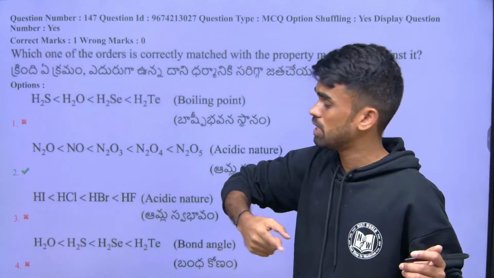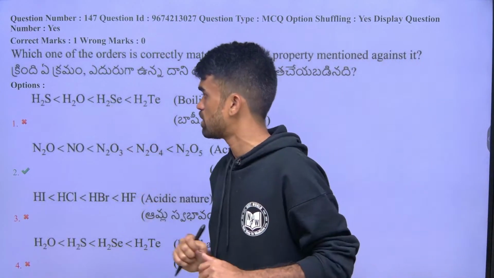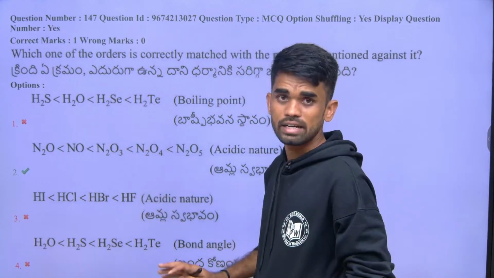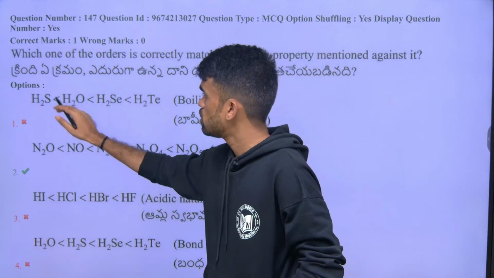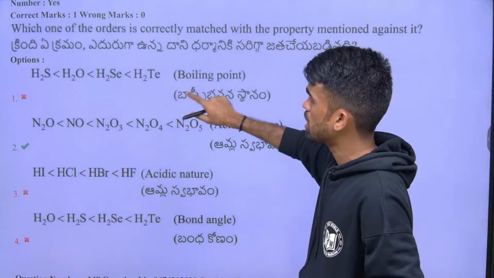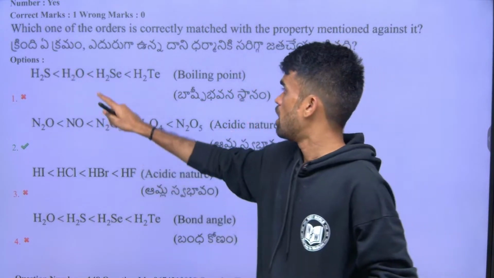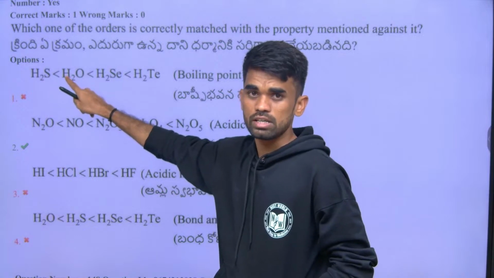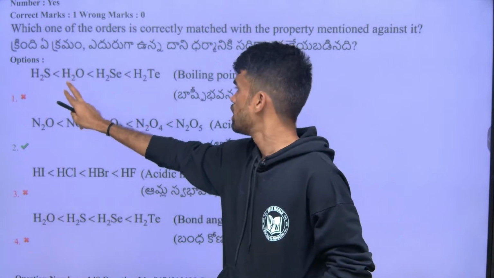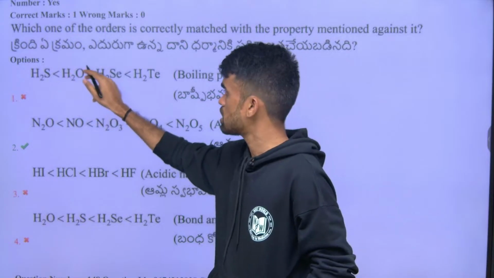In the medical, I mean BiPC students, agriculture and pharmacy paper, I have seen one application based question on these hydrates. The boiling point of water is more than any other hydrate because of intermolecular hydrogen bonding present in H2O only, not in the other cases. It should be maximum, but it is given otherwise here, so this order is incorrect.